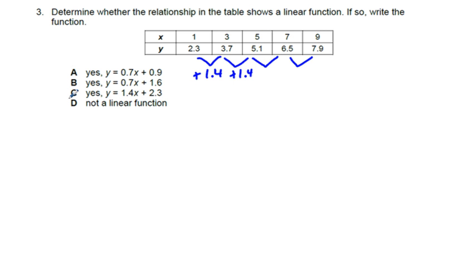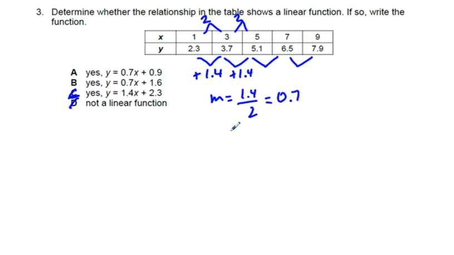And so that would tempt us to choose answer choice C. But on the other end, our x values are increasing by 2. Okay, so our slope is going to be 1.4 divided by 2, which is 0.7. So we're going to have either choice A or B.